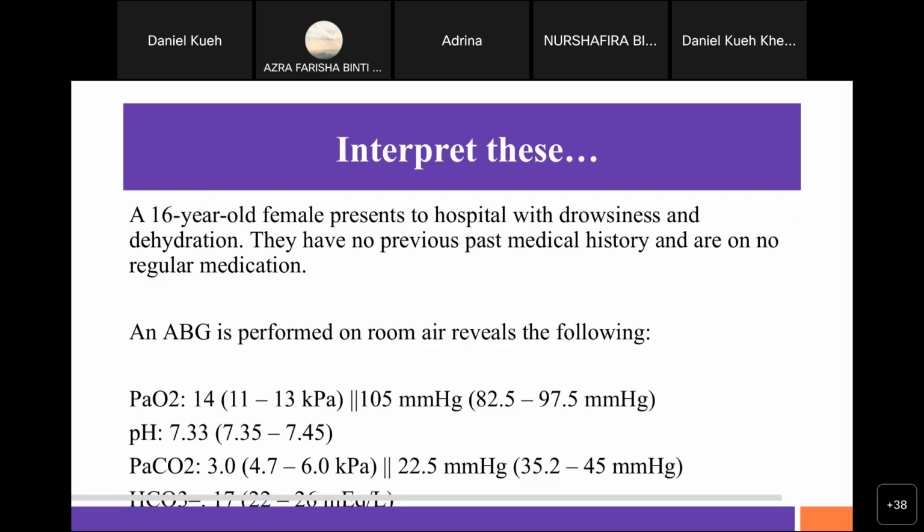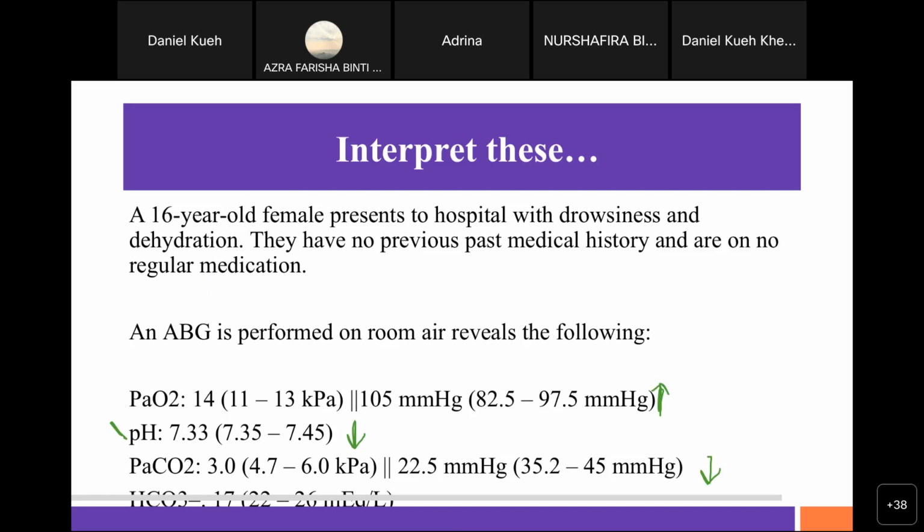Okay, so in this case, I prefer to look at the pH first. So you look at the pH first. The pH is already low. And then the oxygen is high. Then the carbon dioxide is low.